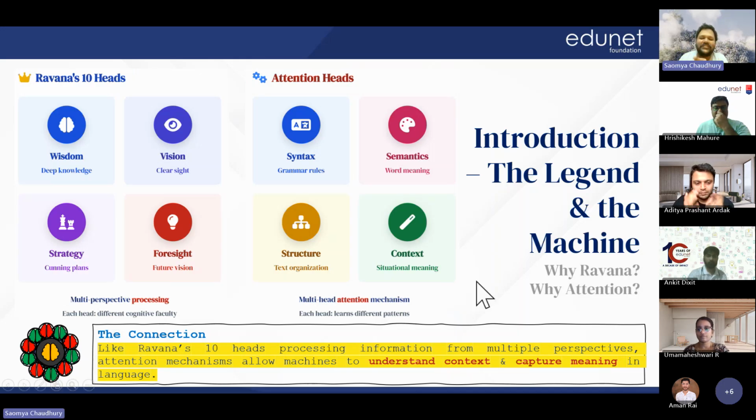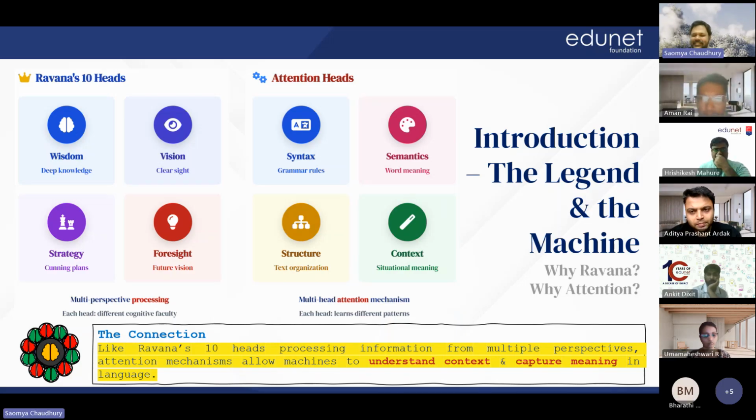So let me tell you one interesting fact. What is so different about Sanskrit and English? Can anybody tell me the difference between Sanskrit as a language versus English as a language?